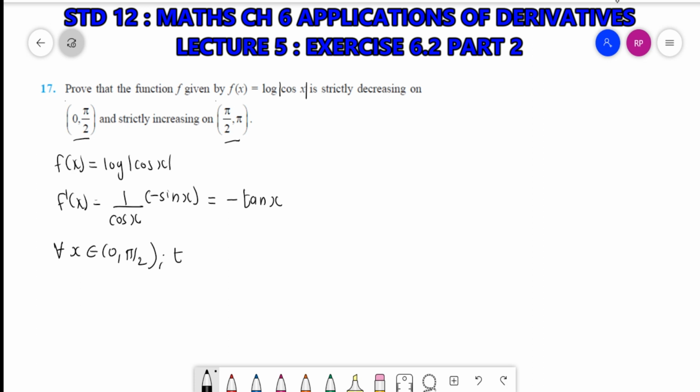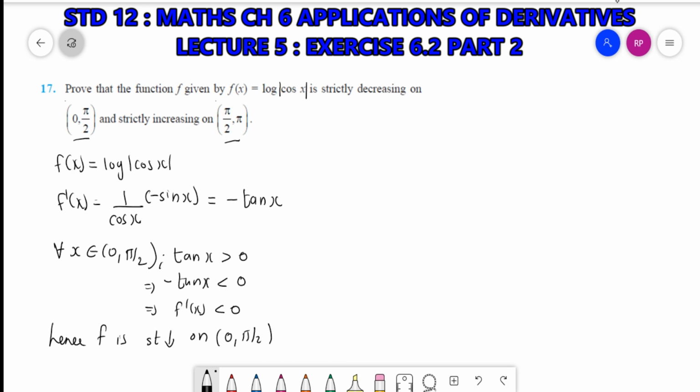So tan x is greater than 0. That means minus tan x will be less than 0. That means f dash x is less than 0. Hence, f is strictly decreasing on 0 to pi by 2.